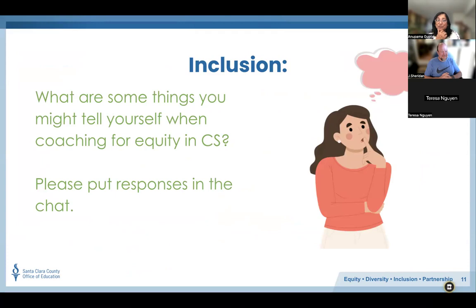And if you can put your response in the chat. And some of these activities you could do with your teachers too, when you have your PLCs and post-observation discussions.